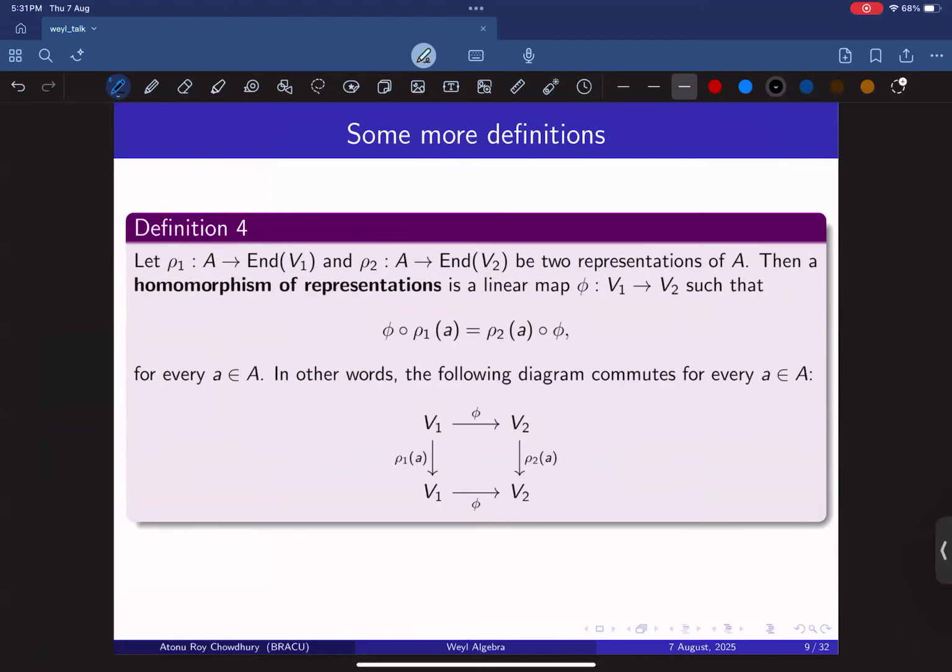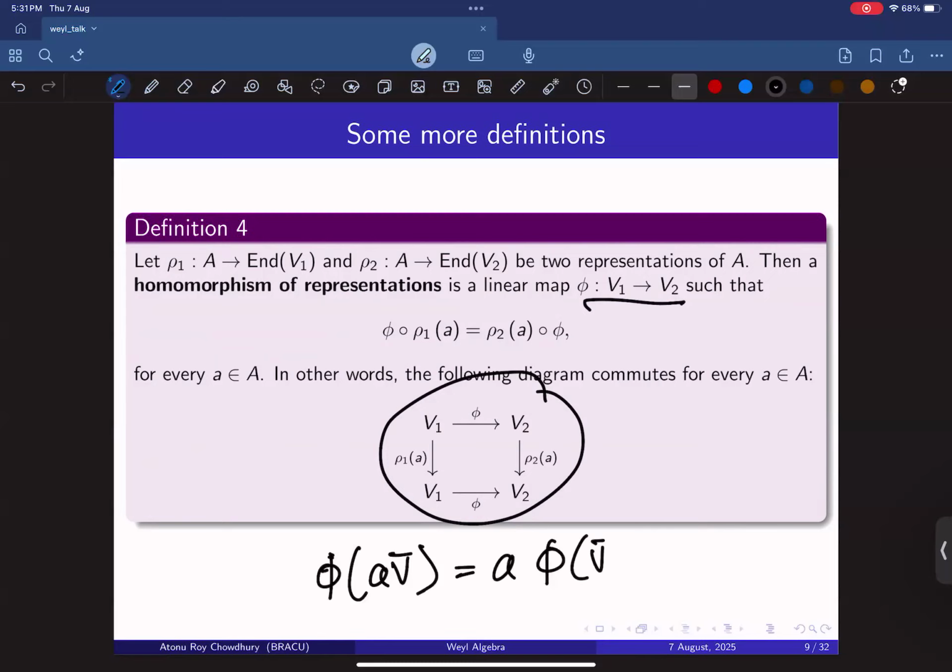Then a linear map phi from V1 to V2 is called a homomorphism of representations if this diagram commutes for every A. In other words, using our abuse of notation as before, phi of A V equals A phi of V. Okay, is this clear?